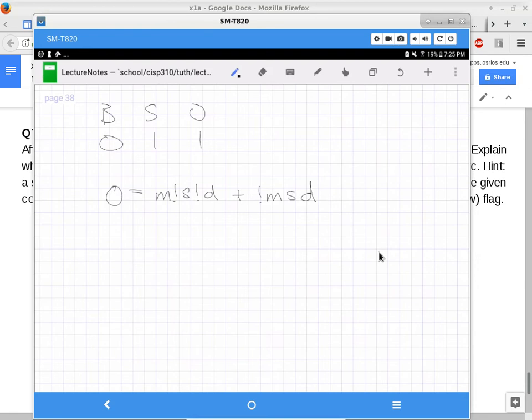Okay, I want that to be a 1. Don't you think that kind of locks down things quite a bit? Okay, so I can only have one or the other conjunction to be true. I can have this conjunction to the left to be true, I can have the conjunction to the right to be true. But in reality, I really don't have a choice because I also want the sign flag to be a 1. That's one of the requirements.